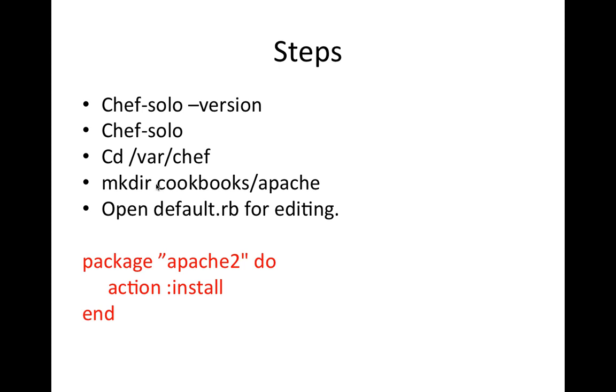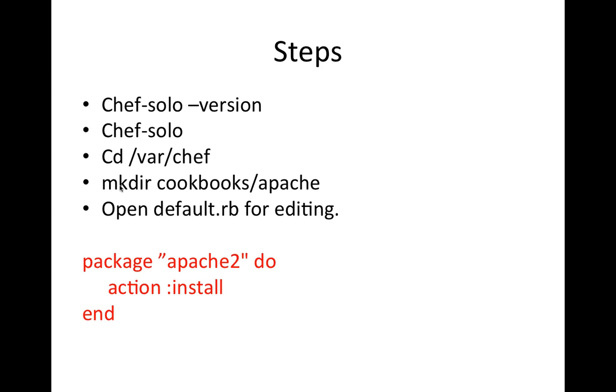Inside that I'm going to create a cookbook, Apache. Remember, I said a cookbook is a collection of recipes, but just for one entity. Our task is for the Apache web server to be up and running, so we need to install Apache and have it running with our customized configuration.